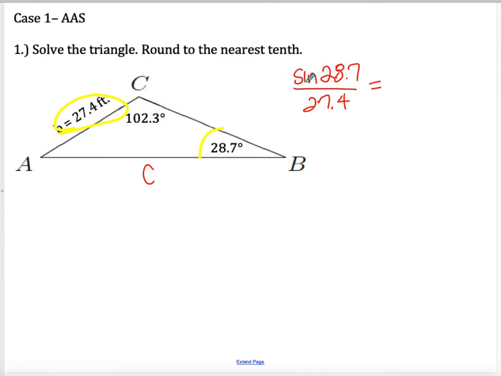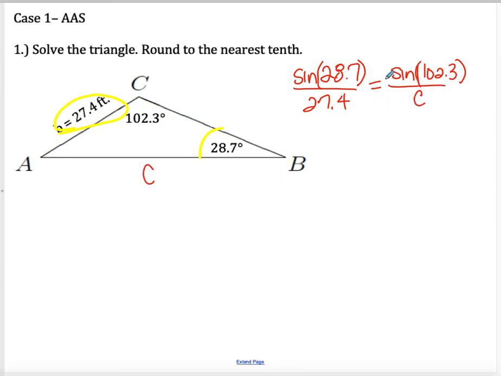So I'm going to set this equal to the sine of angle C, which is 102.3, divided by side C. Now this is sometimes where students will start to put parentheses around the angles they're working with, trying to keep everything organized, so you know what you're trying to take the sine of. So, I'm trying to solve for side C.